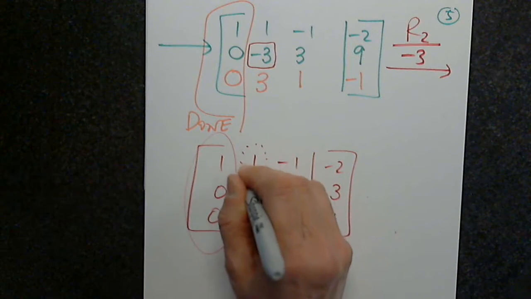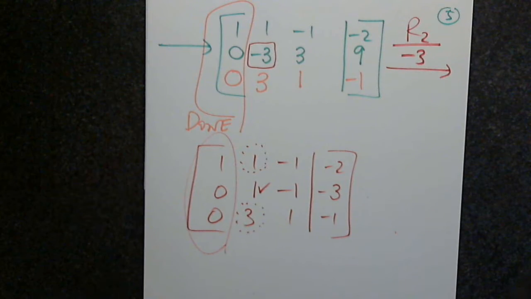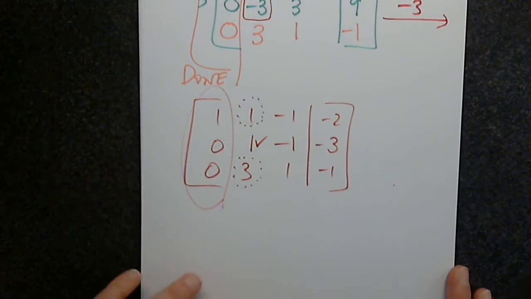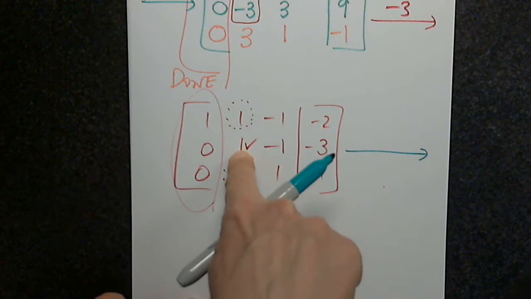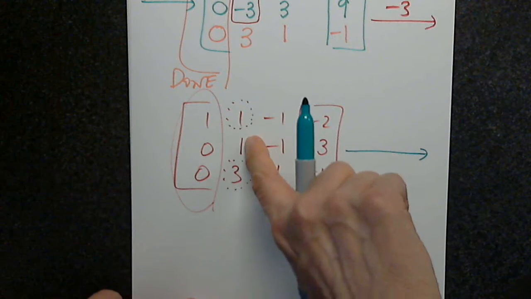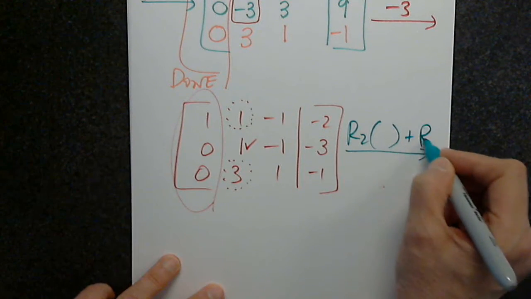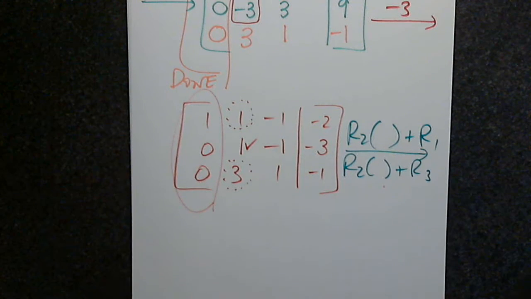Now my target is this. My next step: getting a 0 instead of a 1 and getting a 0 instead of a 3. Which row do I have to use now? I have no choice. In the first step, I used row 1. What do you think I'm going to use now? Of course, because this will help me get 0 here, and this number will help me get 0 here. So it's R2 times something added to R1, and R2 times something added to R3. Very good. Now let's see what we need.